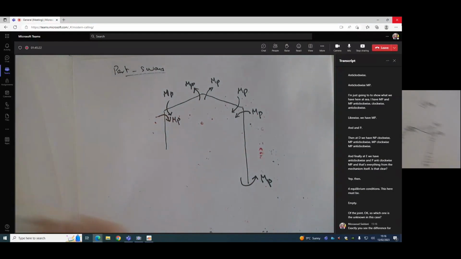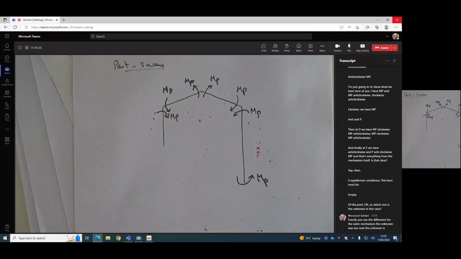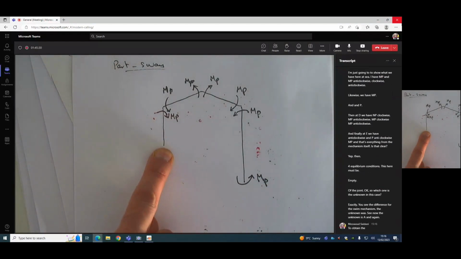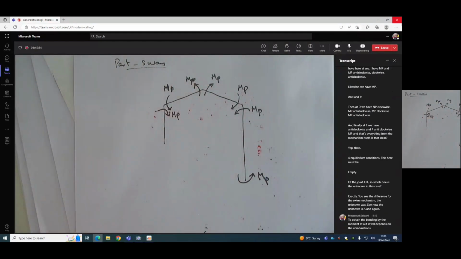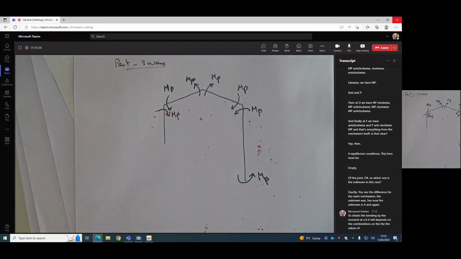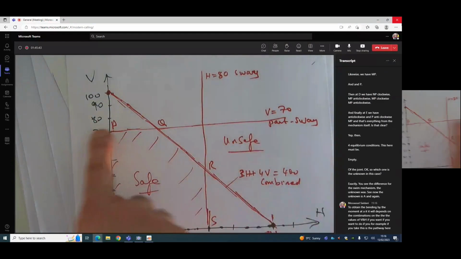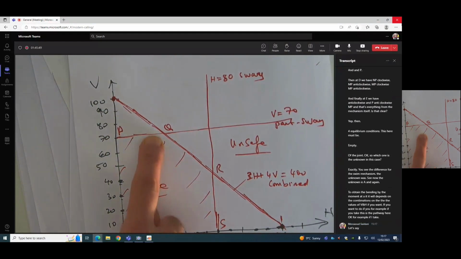For the sway mechanism, the unknown was C. Now the unknown is A. And again, to obtain the moment at A, it will depend on the combinations, on the values of V and H. For example, this is the part sway here, okay?